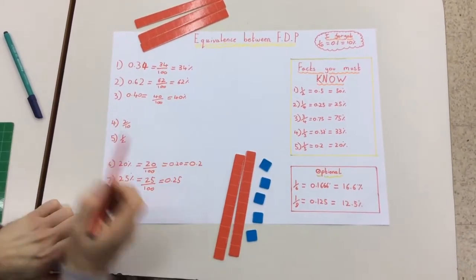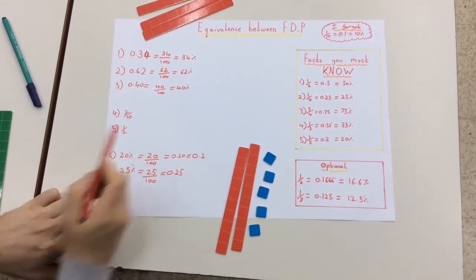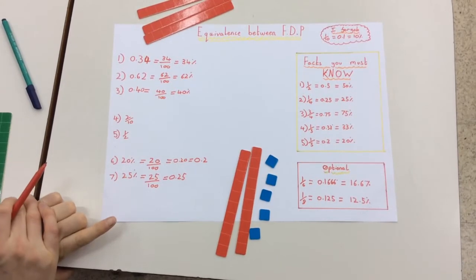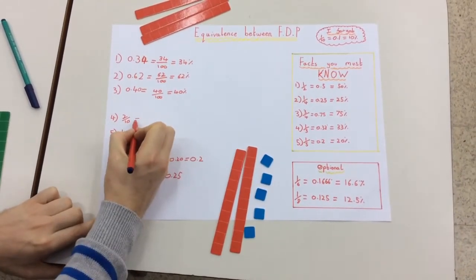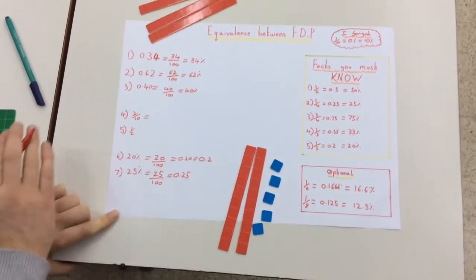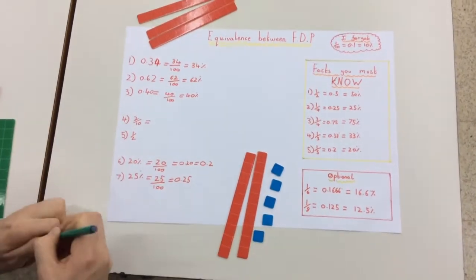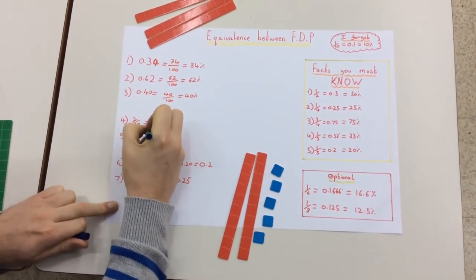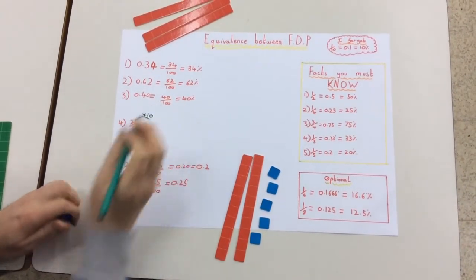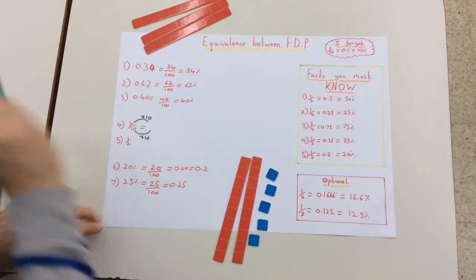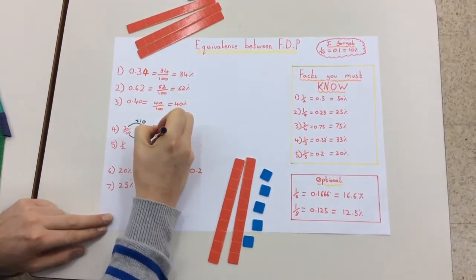Now what we're going to do is look at something that makes equivalence a bit harder, because when our fractions are not written as hundredths, what we first have to do is change them into fractions where the denominator is 100. And remember what we did? Whatever we do to the bottom, we do to the top to make it the same. So here, if I times the bottom by 10 and the top by 10, I'm going to make that 20 100ths.